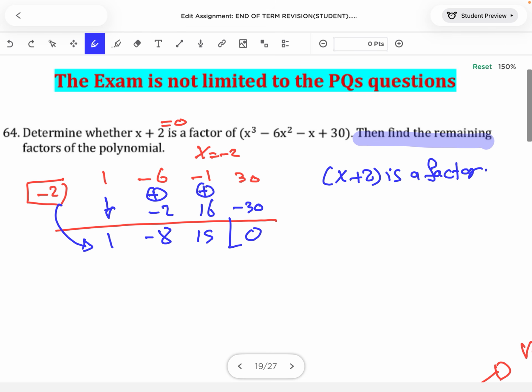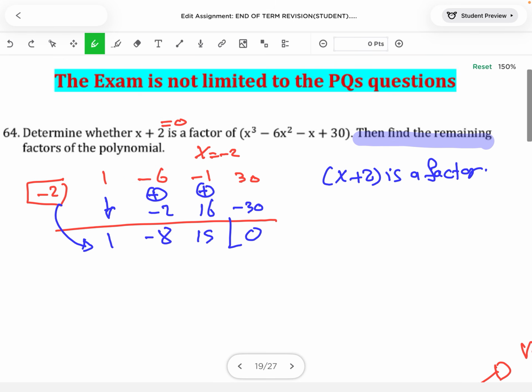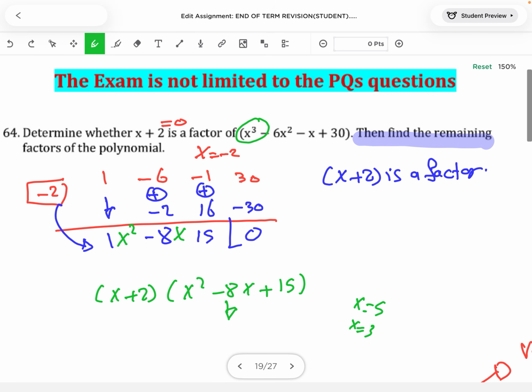The second part, we need to find the remaining factors. The highest power is x to the power 3, so I have to start with x squared, x and positive 15. So I have x plus 2, which is the first one, and x squared minus 8x plus 15. Mod 5.3 of this one. You will get two solutions, 5 and 3, and I don't need them.